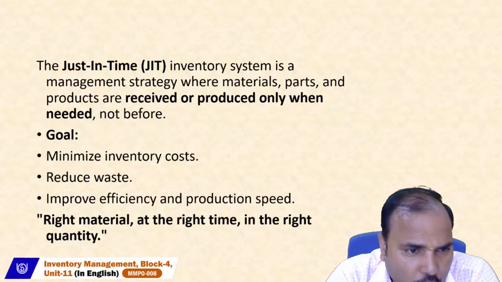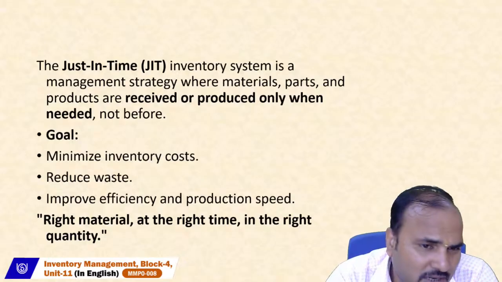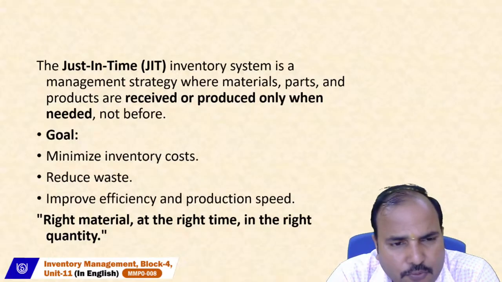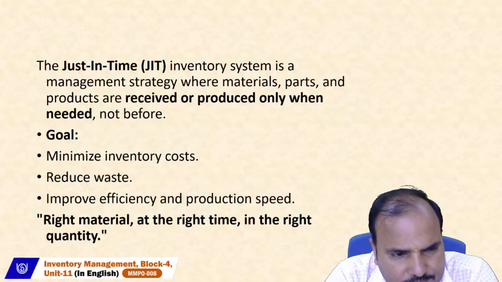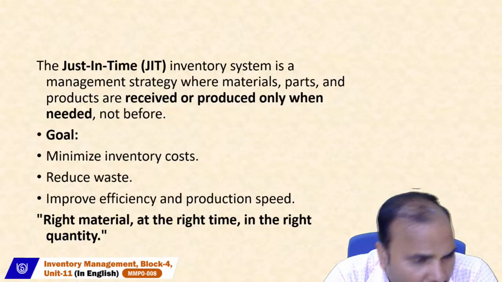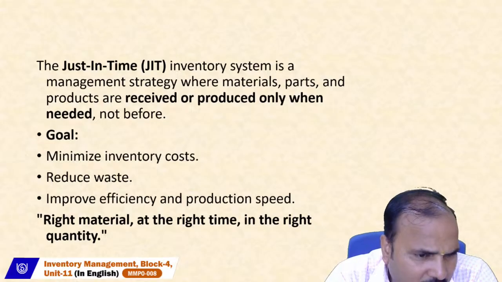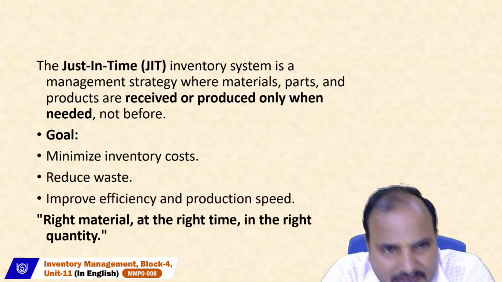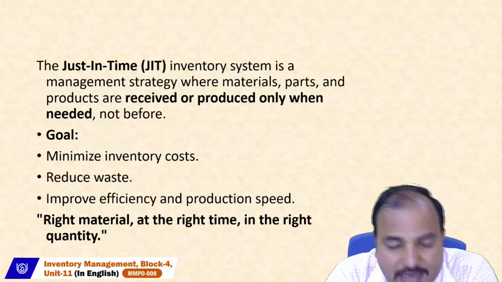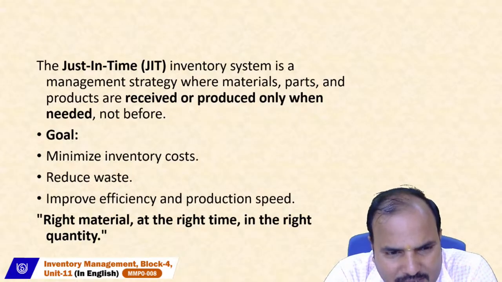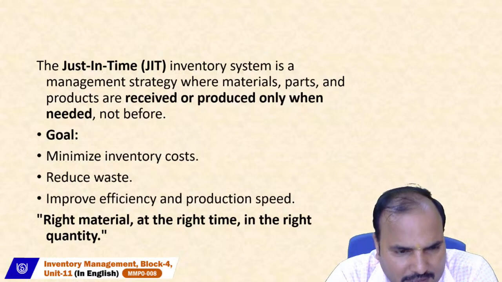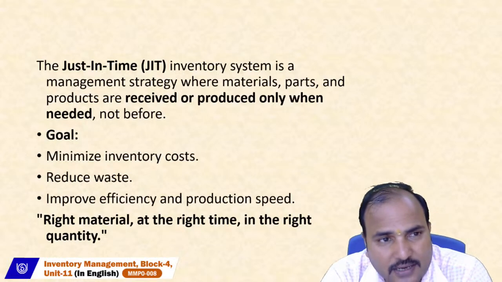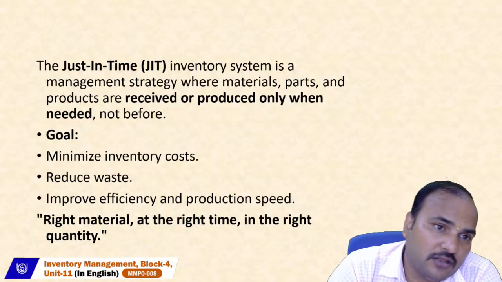The goal is to minimize inventory cost, reduce waste, and improve efficiency and production speed. Overall, it is the right material at the right time in the right quantity. Just-in-time focuses on that.